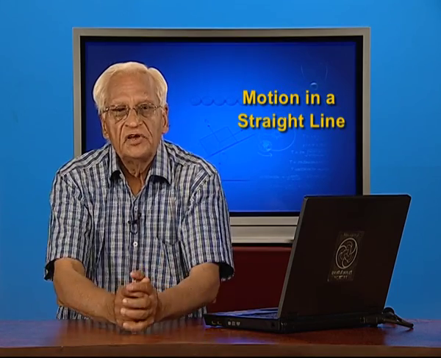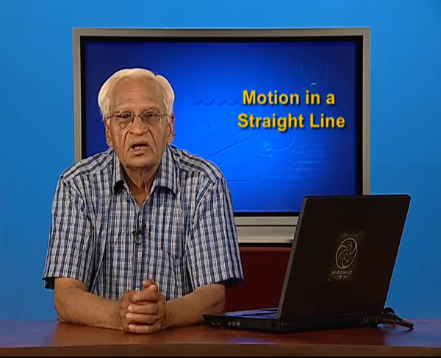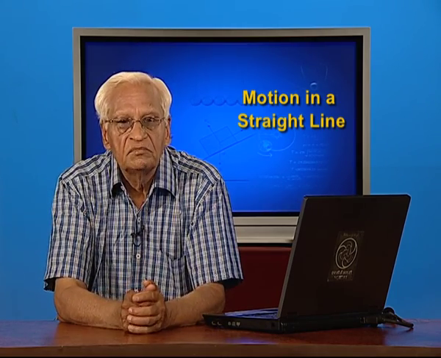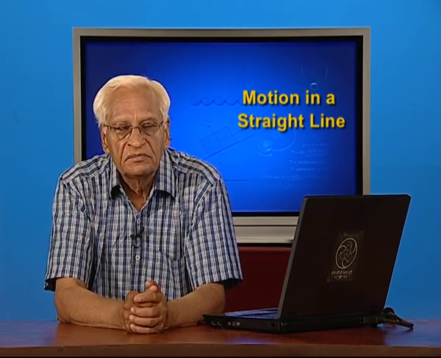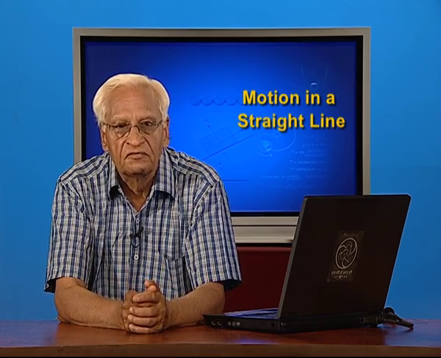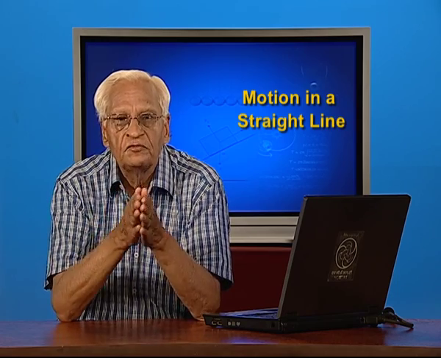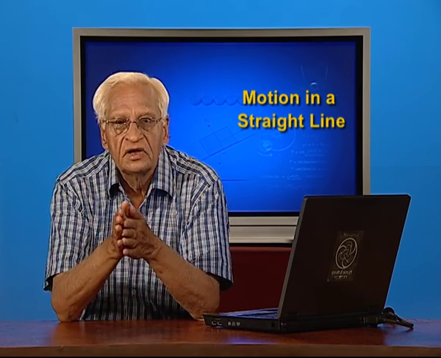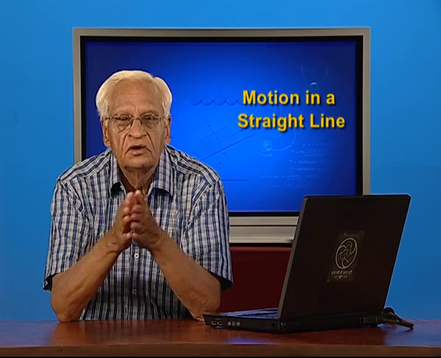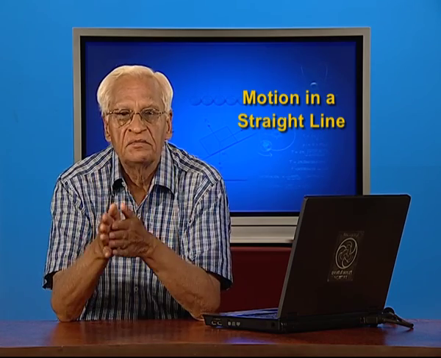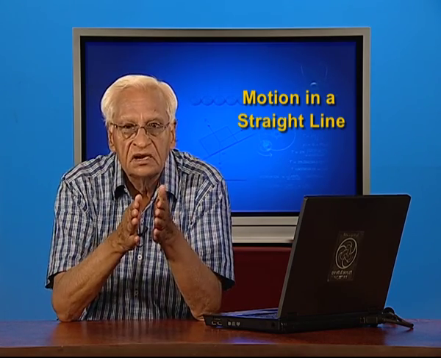In this lecture, we have seen the relationship between the distance time graph, velocity time graph, and acceleration time graph, and we have seen how from the distance time graph we can get the velocity time graph, and from the velocity time graph we can get the acceleration time graph. We have also seen how we can get the distance covered from certain time t1 to certain time t2.